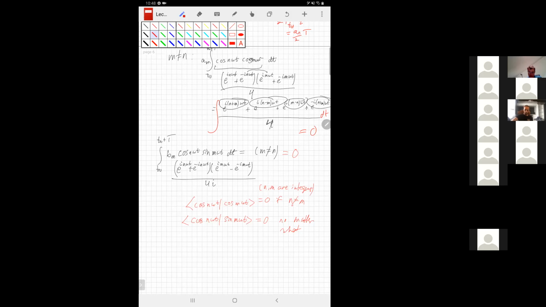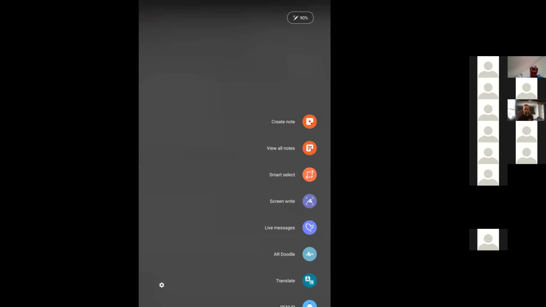Now I haven't covered the case that n equals m, because if n equals m, then some of these difference terms become, well, the differences up here become 0. But the easiest way to show it is to just explicitly calculate the integral of sine n omega t cosine n omega t dt.